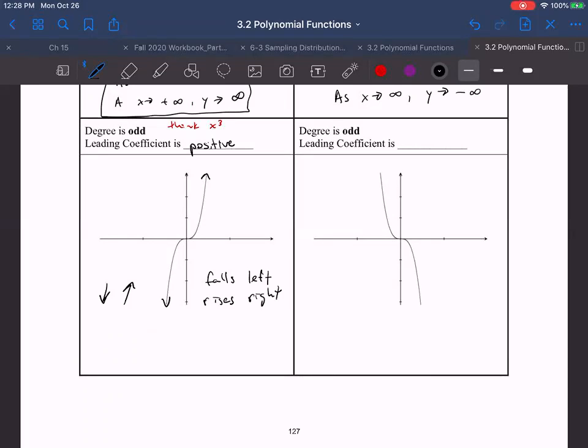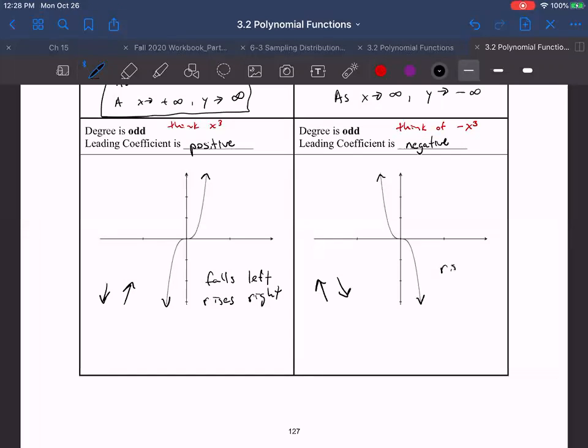And then if the degree is odd and the leading coefficient is negative, think of negative x cubed. Negative x cubed is the x cubed one, but flipped vertically. So instead it ends up rising to the left and falling to the right.